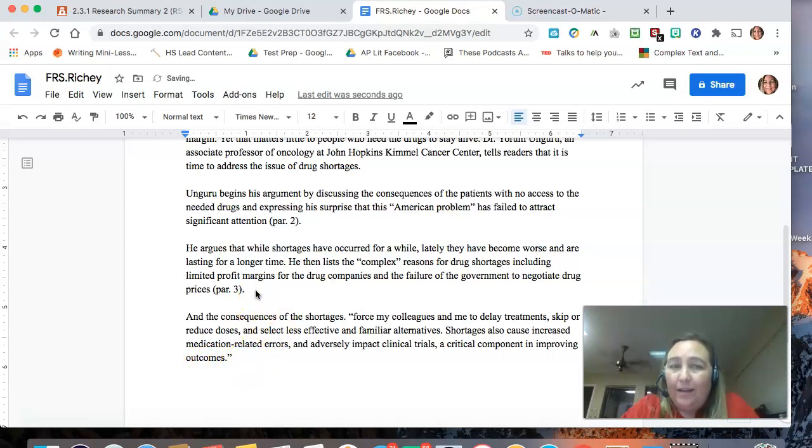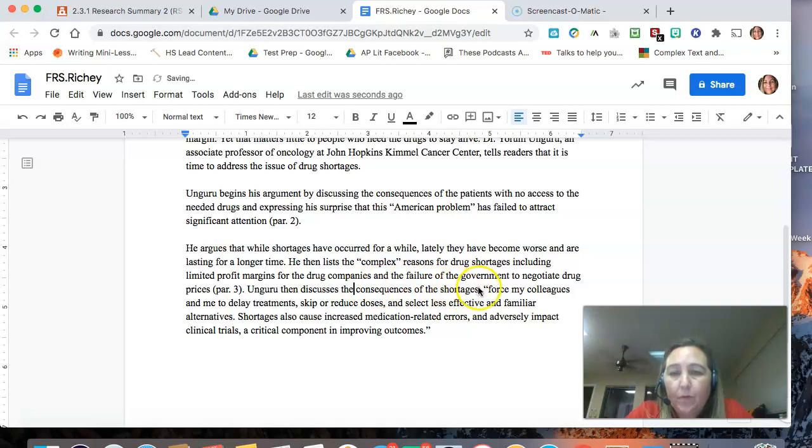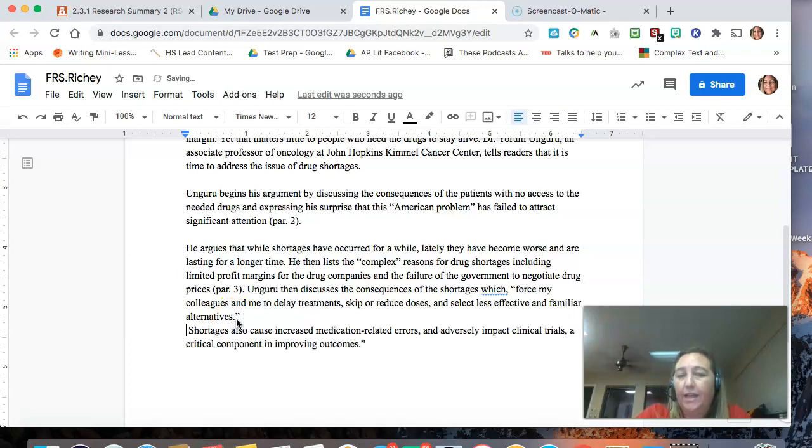So then I'll say he then discusses the consequences of the shortage, which, quote, "force my colleagues and me to delay treatments, skip or reduce doses, and select less effective and familiar alternatives." And I'm going to leave it there.